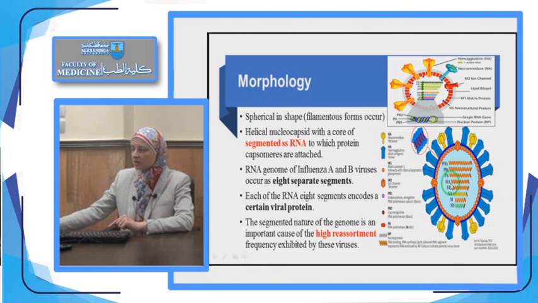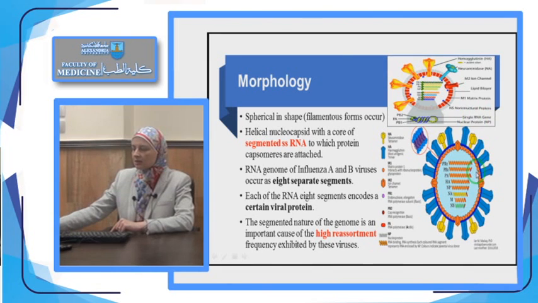1 segment is responsible for the nucleoprotein. The nucleoprotein binds the 3 polymerase segments together, and 2 segments encode glycoproteins, which are surface proteins, hemagglutinin and neuraminidase, the 2 projections on the surface that we will talk about in just 1 minute.